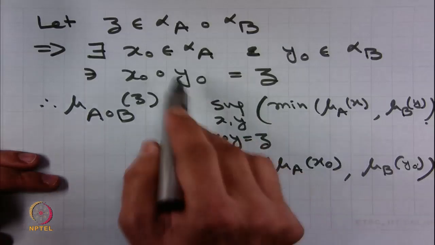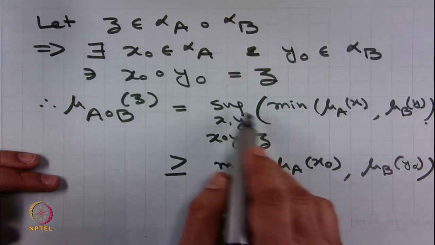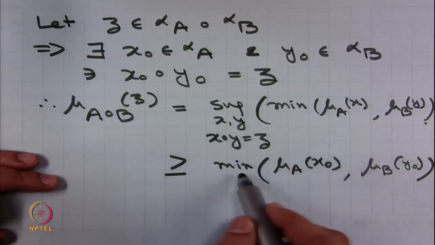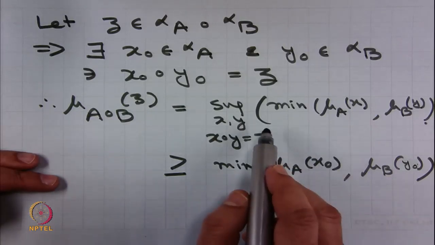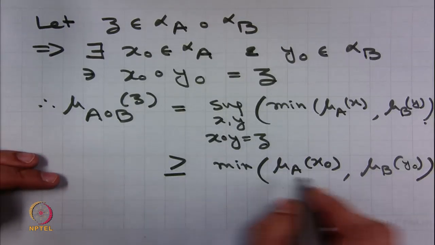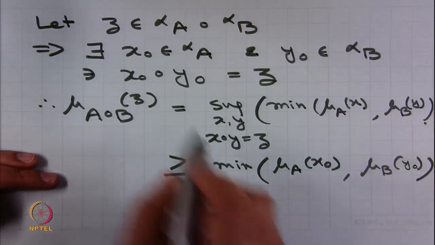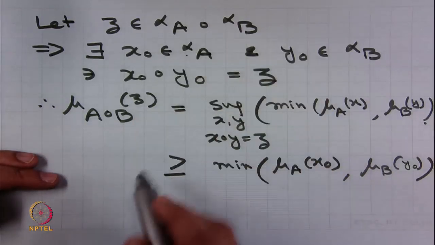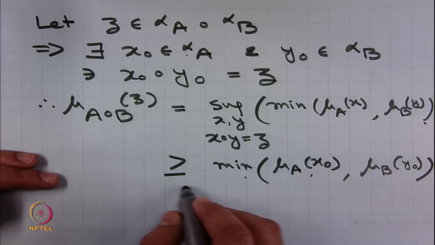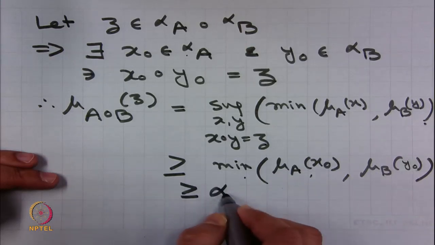That is obvious, because x naught, y naught produce z, and I am looking at the supremum over all such x, y. Therefore, for a particular case it has to be less than or equal to the supremum, and we know that both of them have membership value greater than or equal to alpha, because they belong to the respective alpha cuts. Therefore, the minimum has to be greater than or equal to alpha.